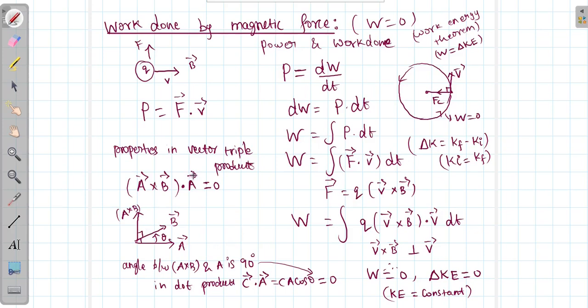Okay, so next we will go for the next topic, motion in uniform magnetic field. What exactly is the track of the charged particle in the magnetic field?